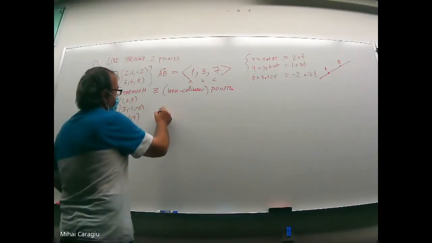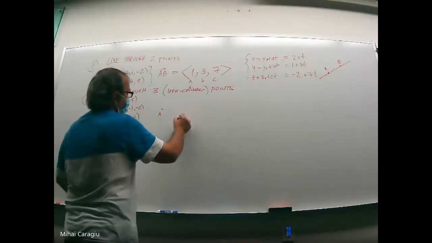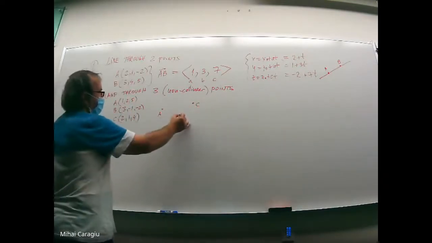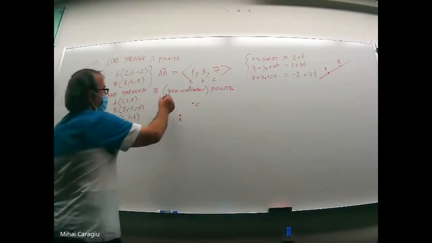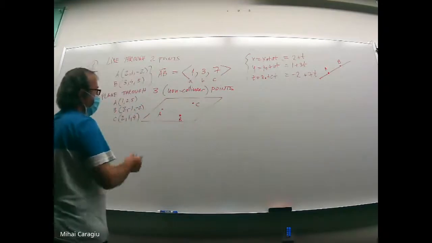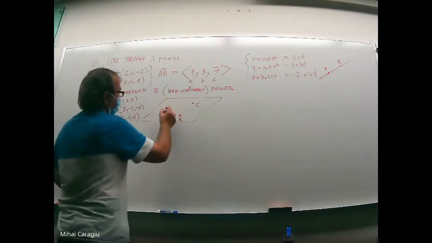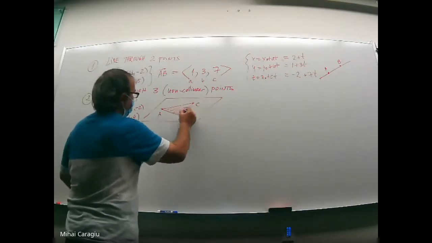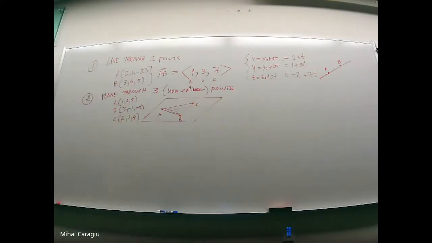So these are 3 points, A, B, C, in 3D. And we want to find the equation of the plane containing those 3 points. So we look at the triangle ABC. And actually, this is the plane of the triangle ABC.